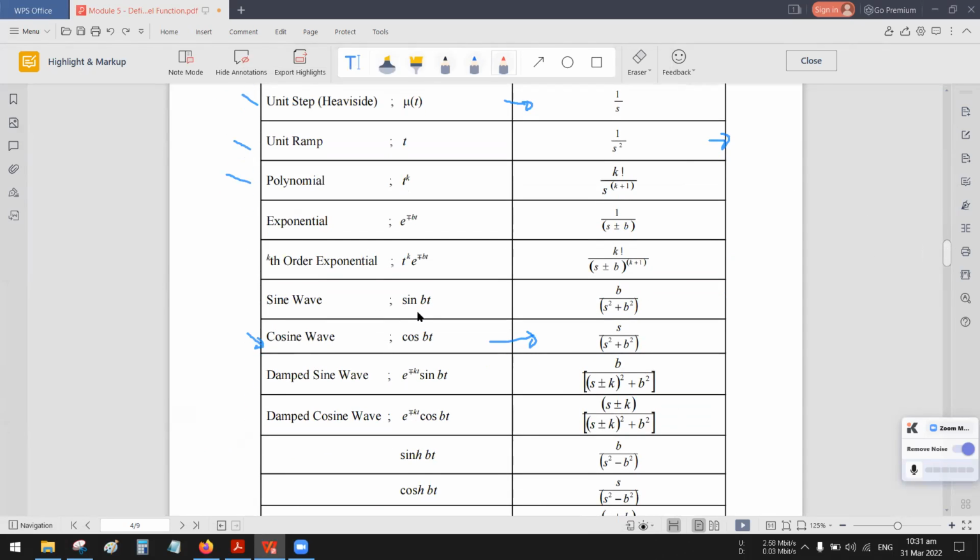Ito, di ba? For the sine bt, this is just equivalent to b over s squared plus b squared. Yung b mo is yung value mo dito, which is 2.